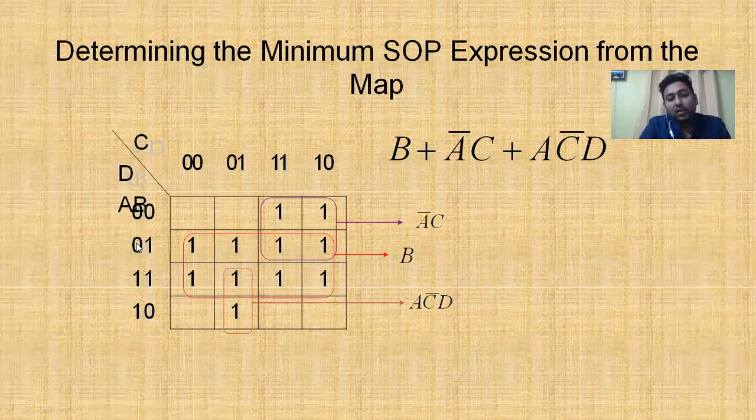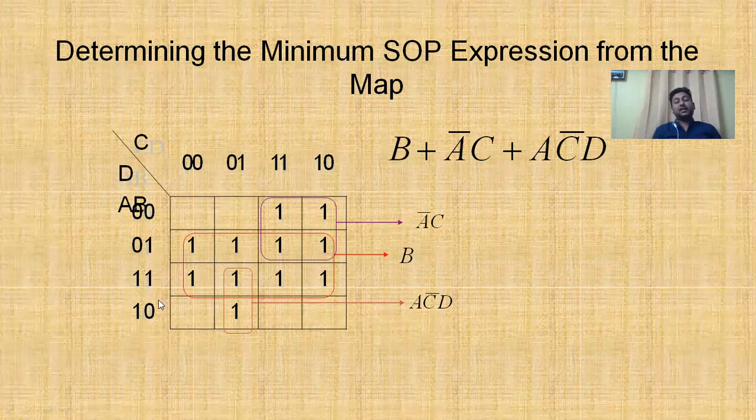So we have to look at which value is constant and which value is varying. From here we can say that A is varying and B is constant. For this group, all the other variables are varying from the upper side: 0 0, 0 1, 1 1, 1 0, all are varying. Only the fixed one is B.